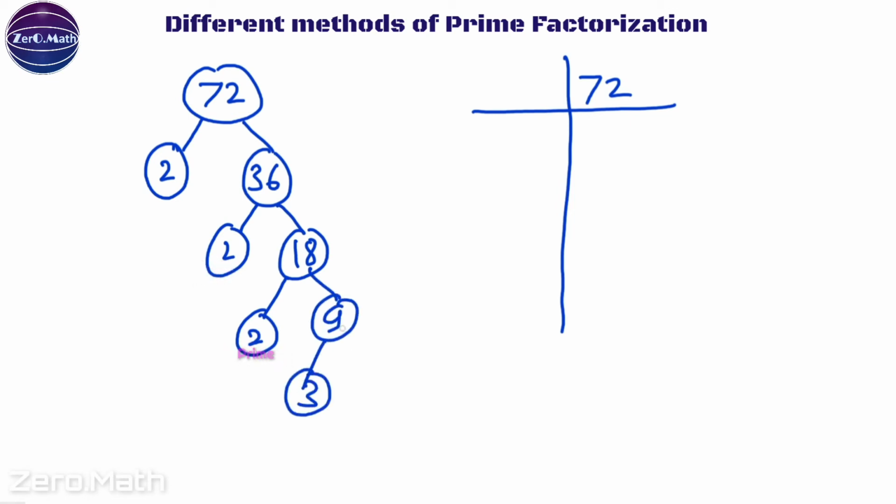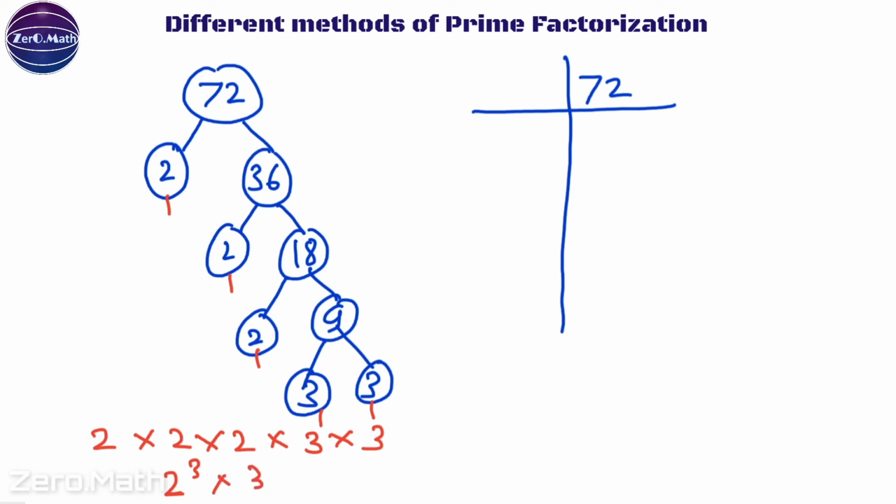It has two factors, that is 3 into 3. Now we have got all the prime numbers at the leaf nodes. Hence the prime factorization of 72 is 2 into 2 into 2 into 3 into 3. In exponential form, we can also represent it as 2 to the power 3 into 3 to the power 2.